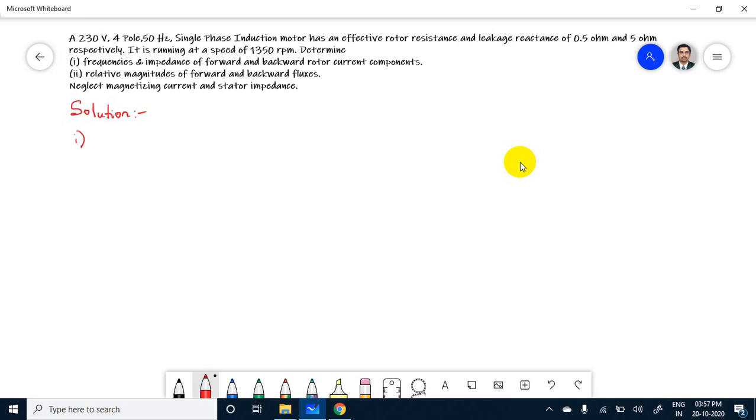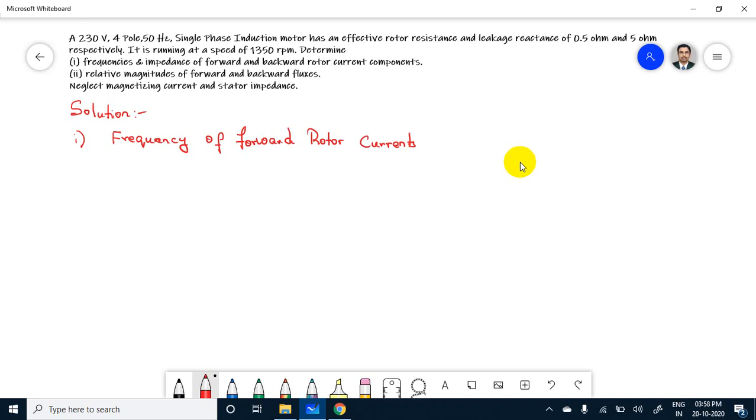What is my first step? Frequency of forward rotor current.